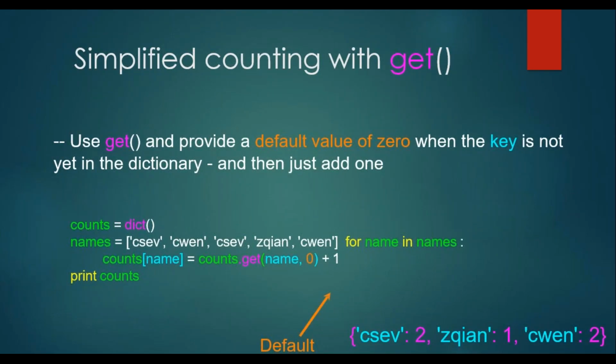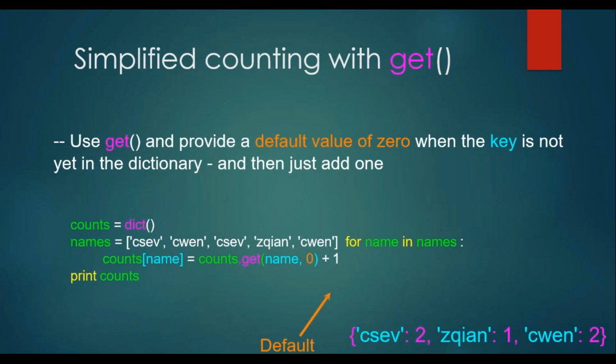Next one is simplified counting with the get method. Use get and provide a default value of 0 when the key is not yet in the dictionary, and then just add 1. So counts is equal to dict. Names is equal to CSEV, CWEN, CSEV, ZQIN, CWEN.